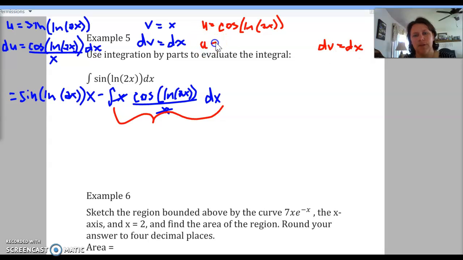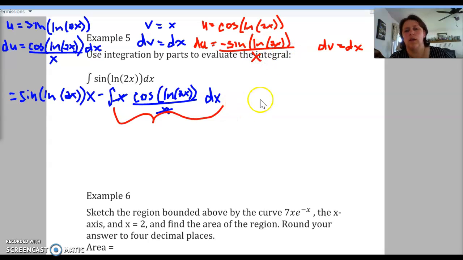So du, take the derivative of this. Derivative of cosine is negative sine of natural log of 2x. Again, take the derivative of the inside. The 2's will cancel, and we'll have just x in the denominator. Integral of dv is v. Integral of dx is x.